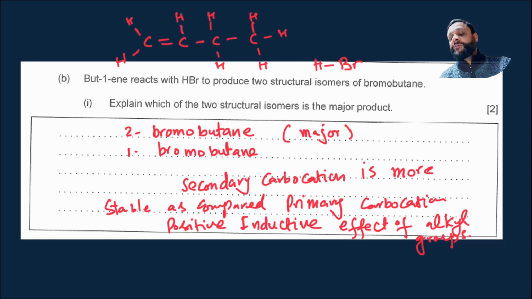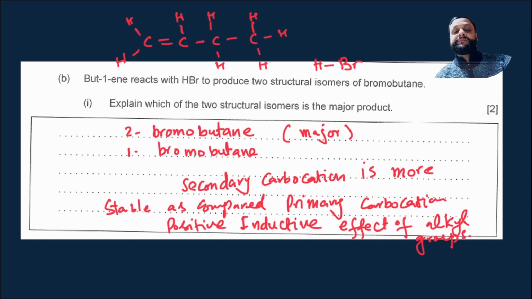There are 2 alkyl groups in a secondary carbocation, while there is only 1 alkyl group in a primary carbocation. So secondary carbocation is more stable as compared to primary carbocation, hence the major product will be 2-bromobutane.